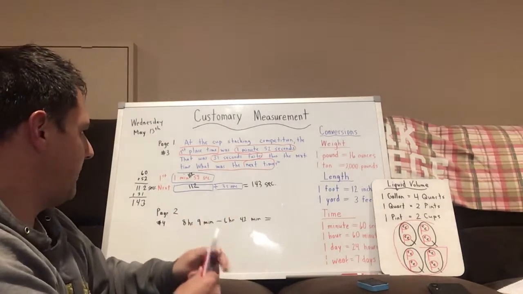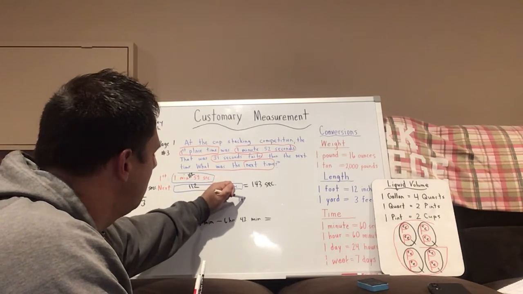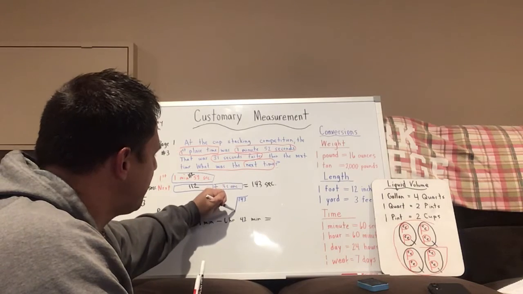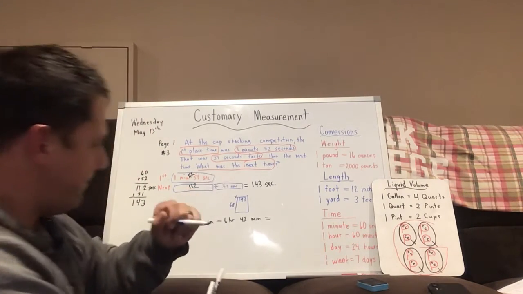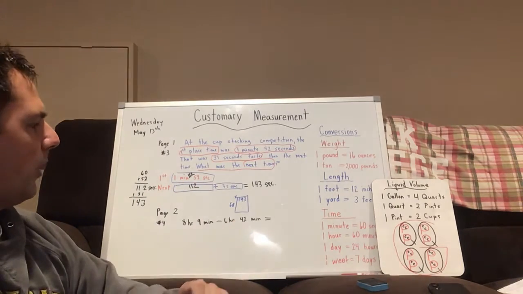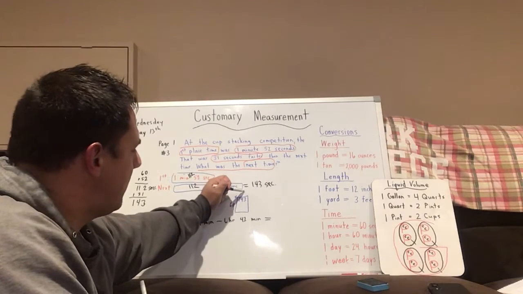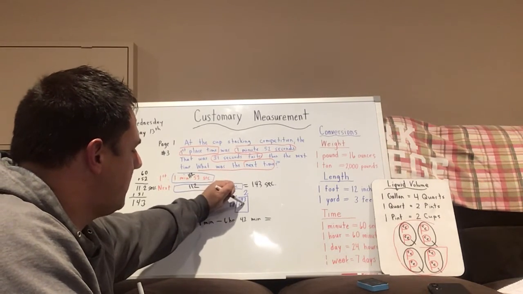So let's set that up over here. I'm thinking about my multiples of 60, and I know I'm not going to be able to use too many of them. 60, 120, and then 180. So I know I can only put 2 in. 2 times 60 is 120, and again, you can use your calculator.